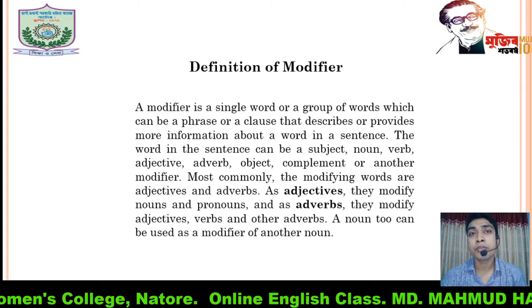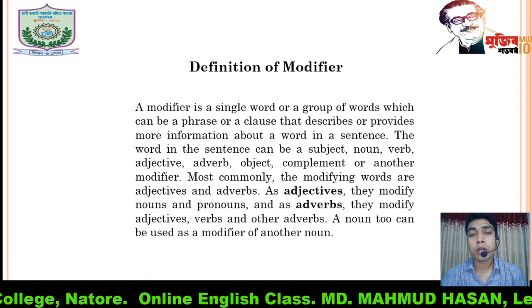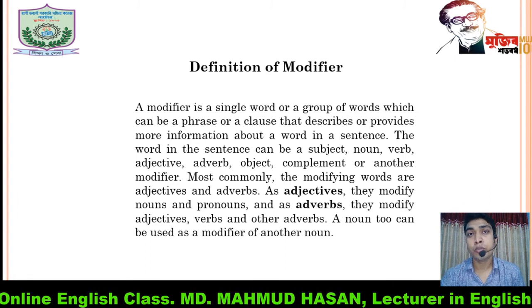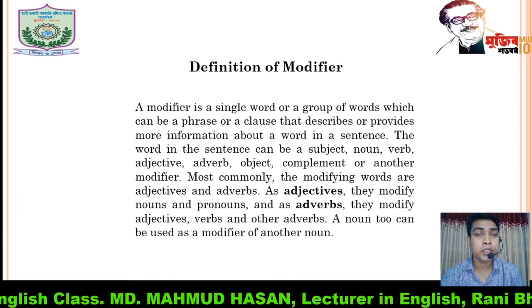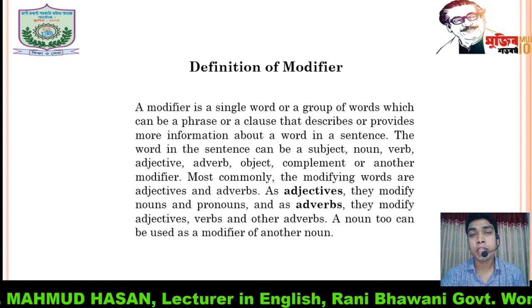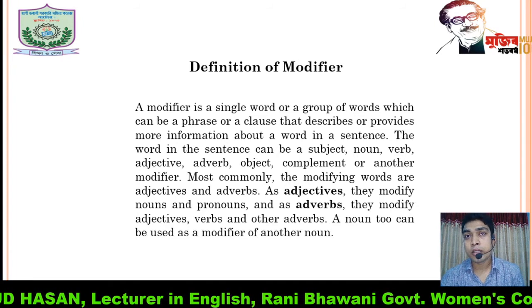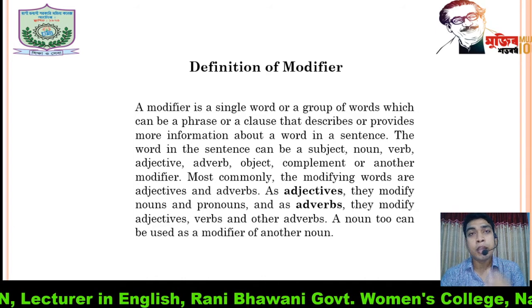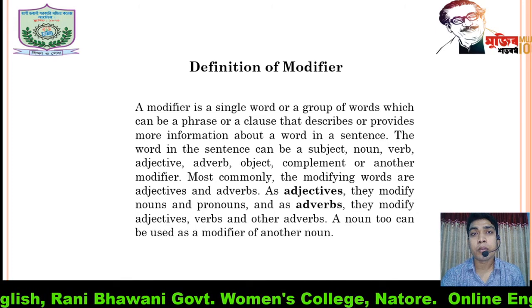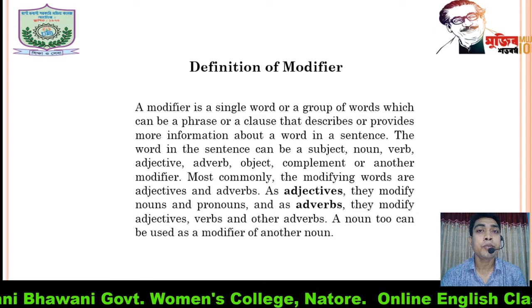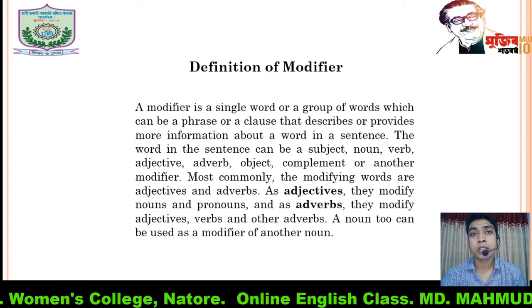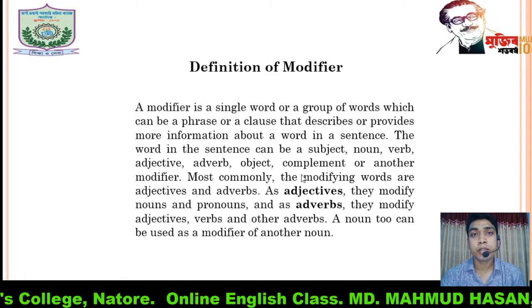And as a modifier, most commonly what we see, adjectives and adverbs perform as modifiers. And apart from that, a noun can also be an element of modifier. Our following discussion will make you clear.